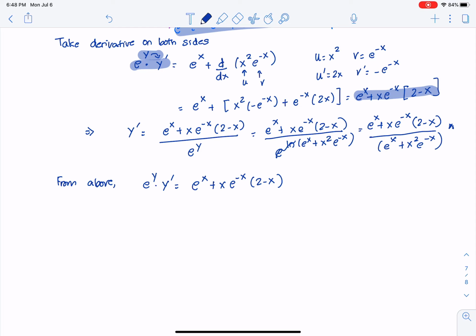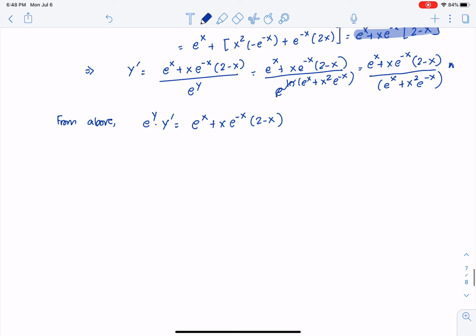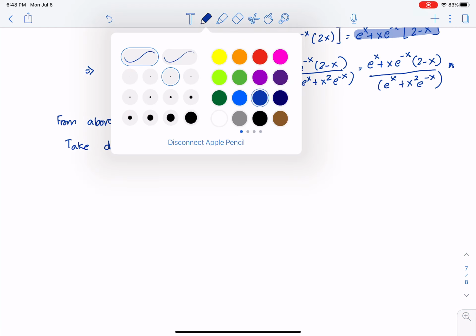Now I want to take the derivative on both sides. So on the left hand side we have to use product rule because we have e raised y times y prime.